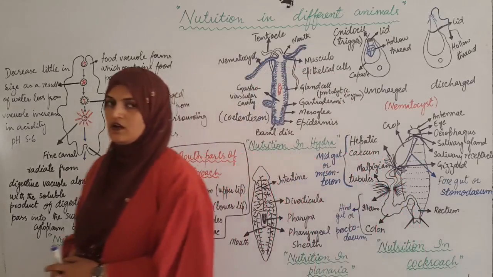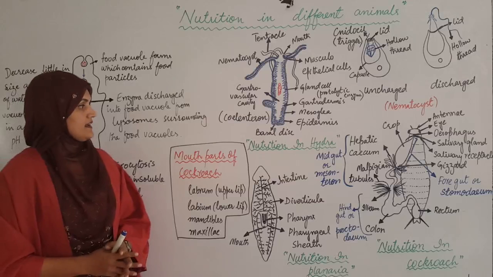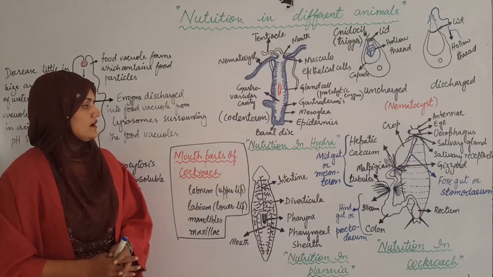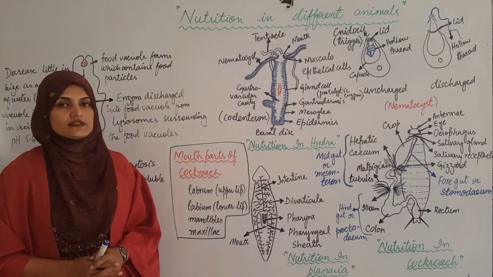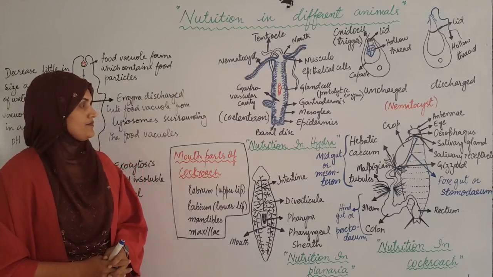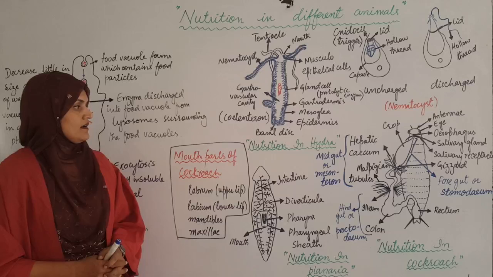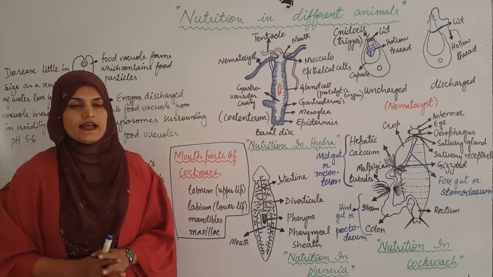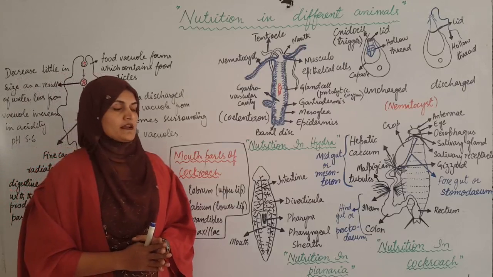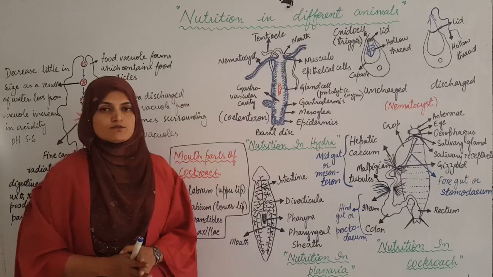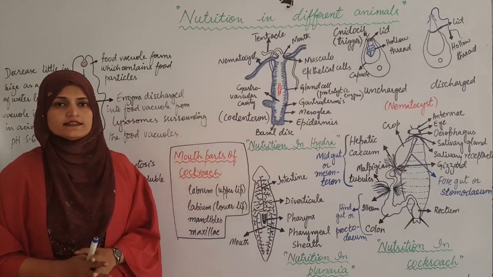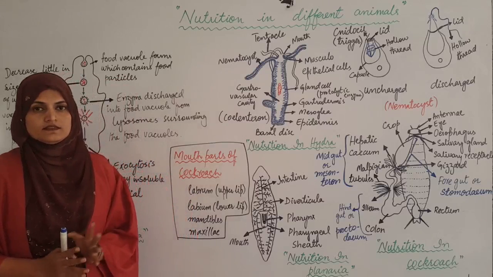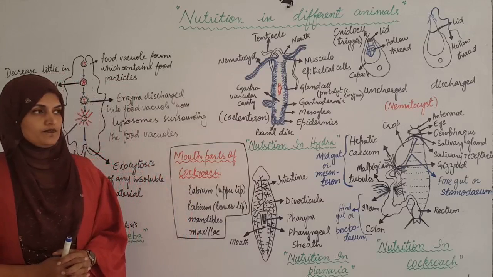The other organism is hydra. How nutrition takes place in hydra? Hydra is a macrofilter feeder that depends on crustaceans, small annelids and insect larvae.